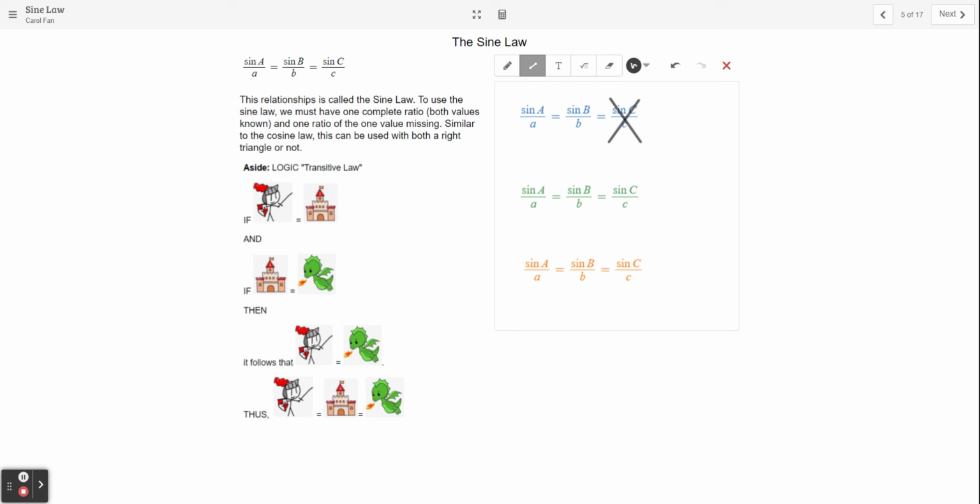So I could say that sine A over A is equal to sine B over B. Now, if I don't have my B, I could ignore that, and I could just have sine A over A is equal to sine C over C, or if I'm missing my A pair, then I'll do sine B over B and sine C over C.